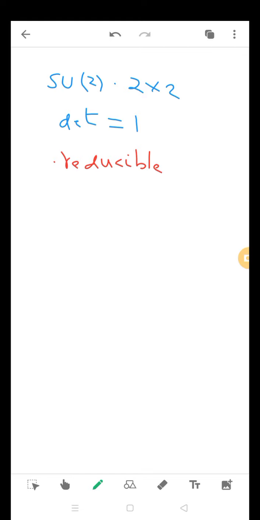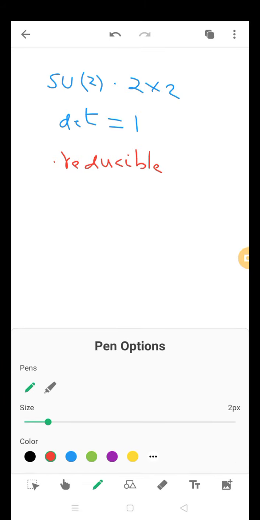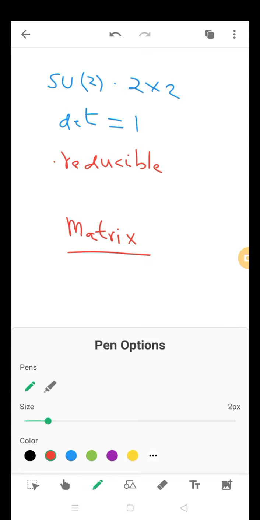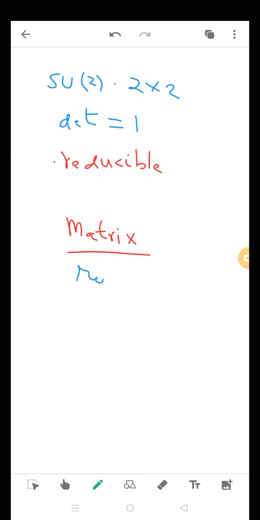First of all, any rotation or any transformation that is represented by a matrix can define a lot of transformations. It can represent a rotation, a translation, or mirror images.